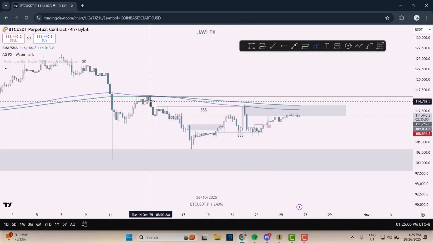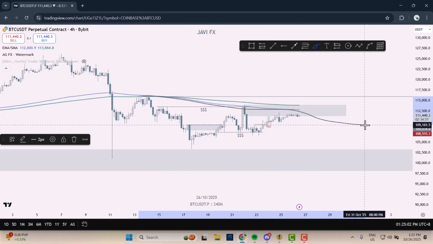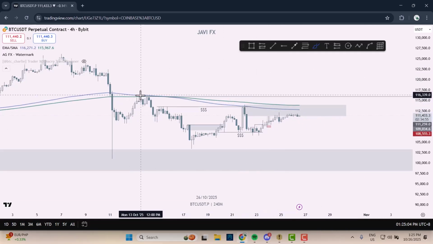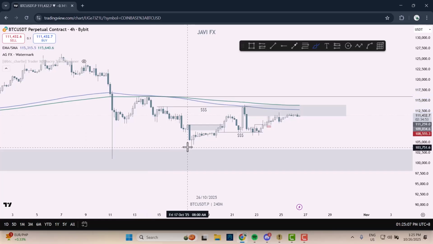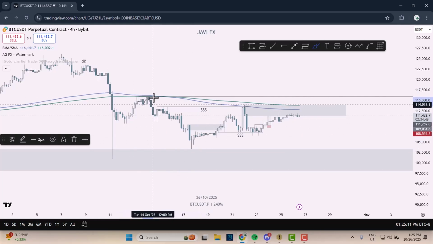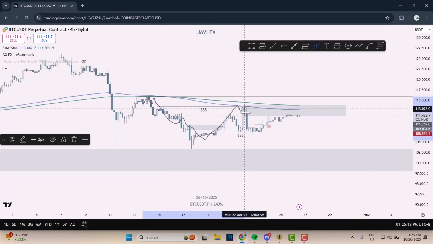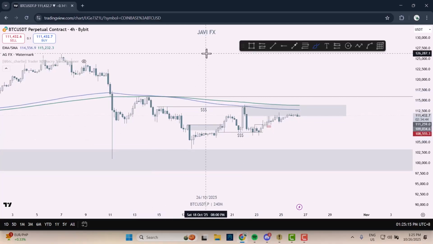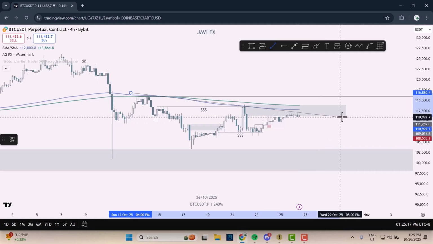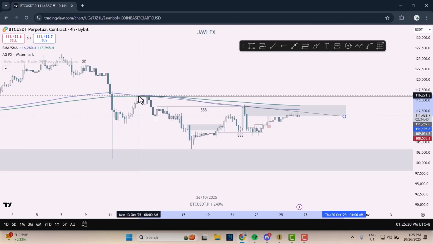But the fact that we're still grinding down, we're still making lower highs. This is not a lower low just yet, but we're making consistent lower highs. So if you were to make a trend line, we're still in a downtrend.